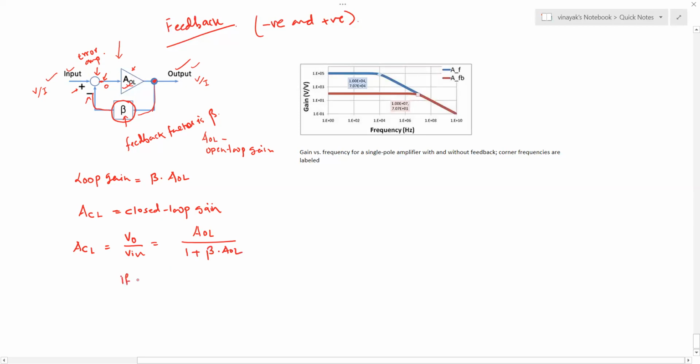So if AOL is very, very much greater than 1, I can write ACL to be approximately AOL divided by beta times AOL, which is approximately 1 over beta. So if I have a larger feedback factor, that is beta is large, my ACL will be smaller and vice versa.